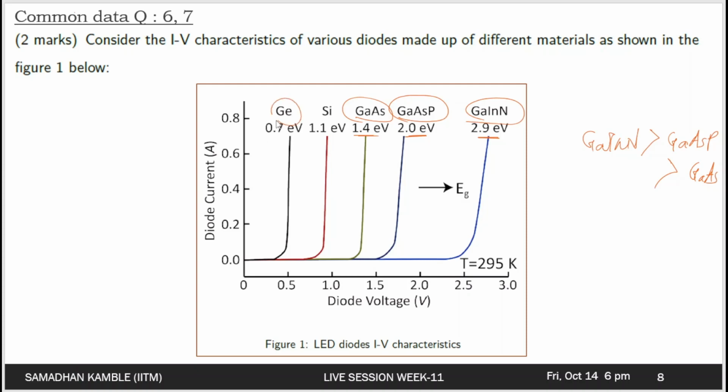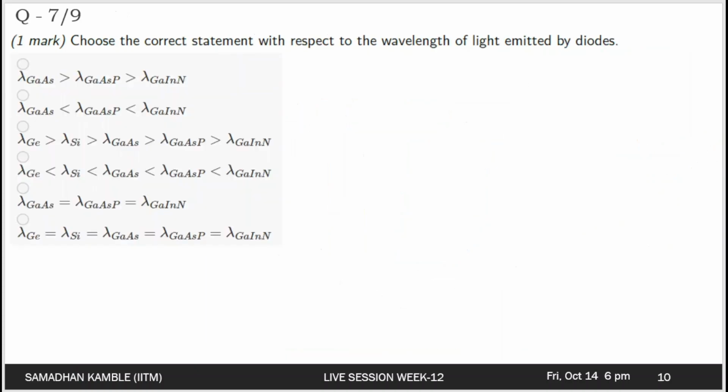We won't consider germanium and silicon, as we saw that these are indirect and will not be used in LEDs. We also saw in the previous problem that energy and wavelength are inversely proportional to each other. Using this relation, we can directly infer that lambda for gallium arsenide would be lower than lambda for gallium arsenide phosphide, which is lower than lambda for gallium indium nitride, because the energies are exactly opposite, being inversely proportional to lambda.